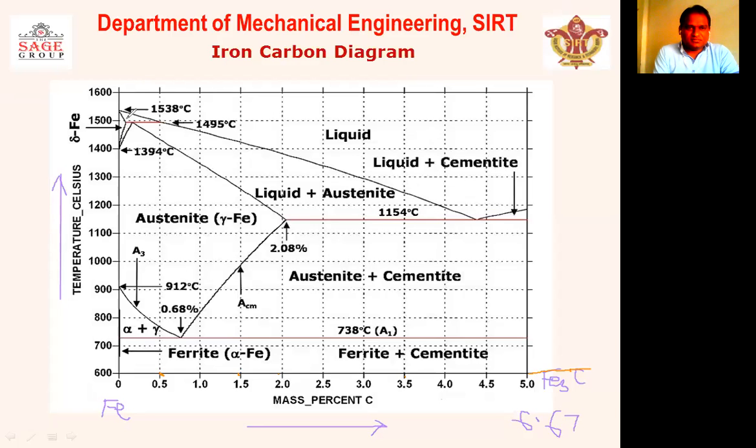Yes, and on the y-axis, we have to show the temperature, and now we have to mark the range of temperature. And we know that the melting point of the iron is 1539 degree centigrade. So according to the melting point range, we have to show the range of temperature on the y-axis.